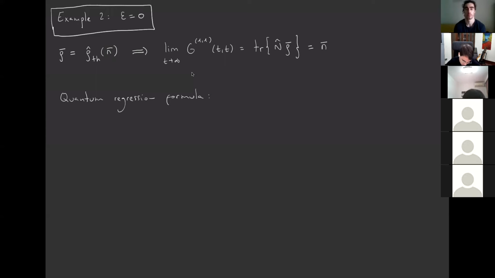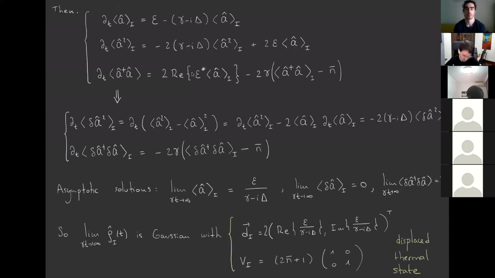And in particular, in the example of the cavity, let me show you the equations so you have them in mind. I think are these ones, yeah. So I remind you that we already showed that the time derivative of the expectation value of the first order moment depends only on the first order moment. The time derivative of the expectation value of a square depends only on the expectation value of a square if there is no driving.